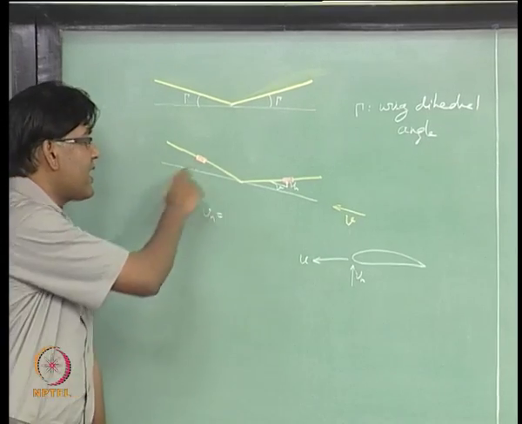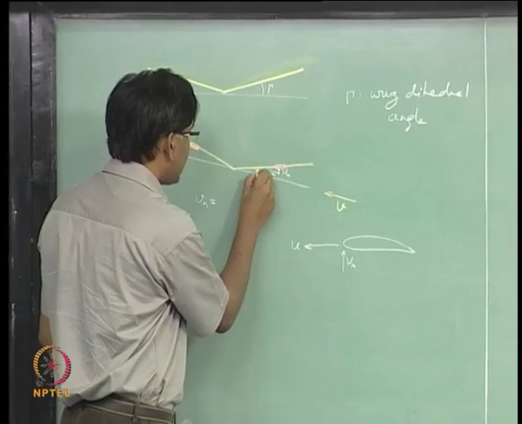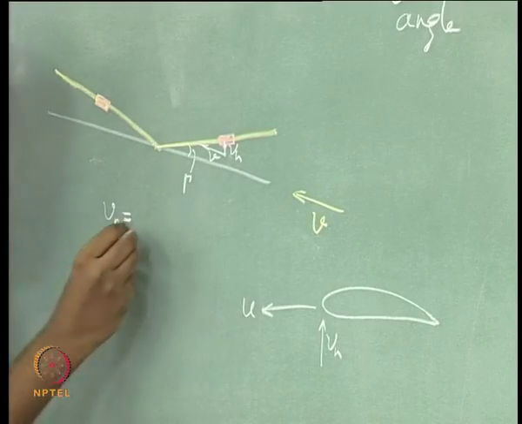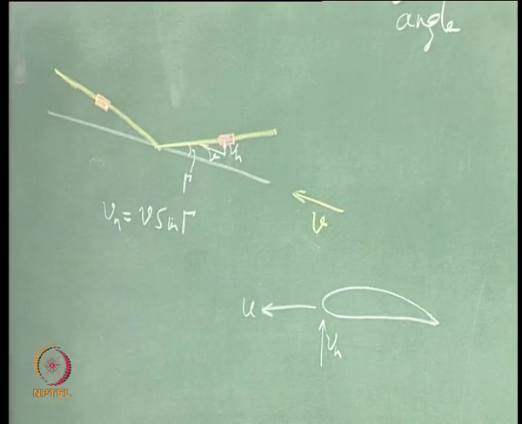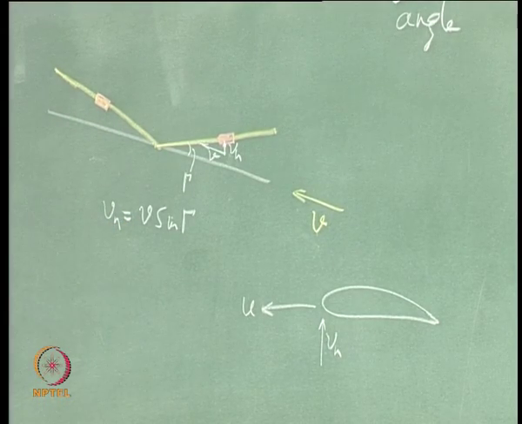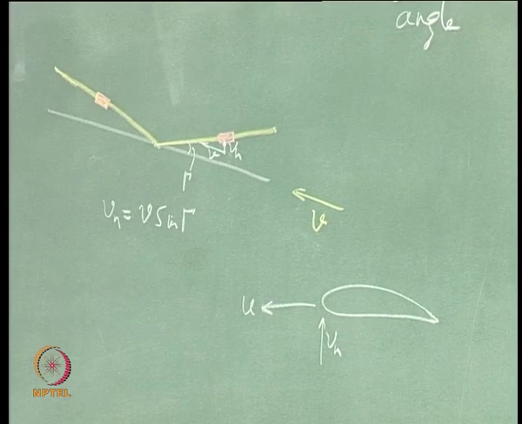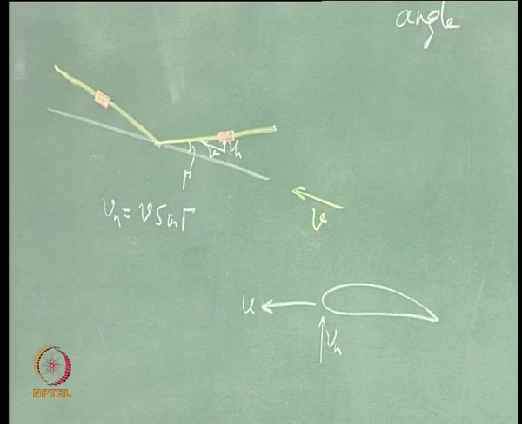Because of this dihedral angle, Vn is V times the angle. Let us say this angle is small.